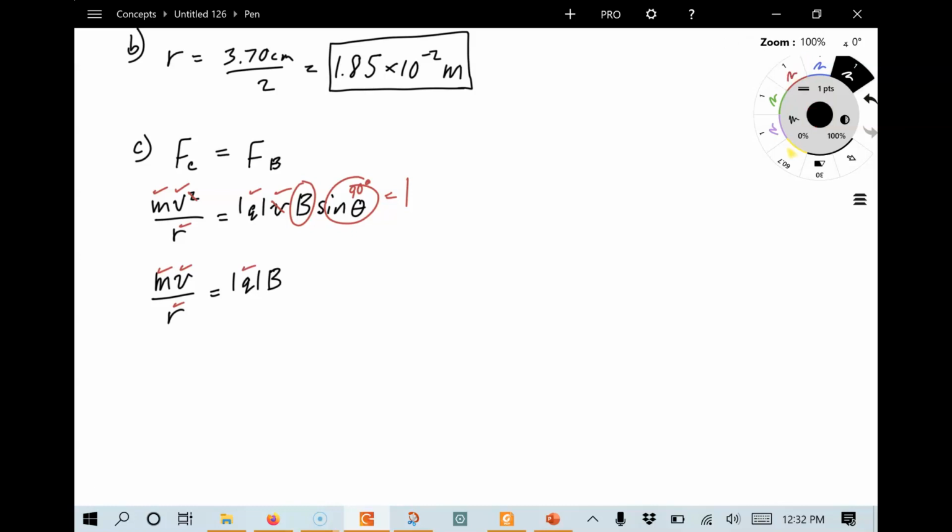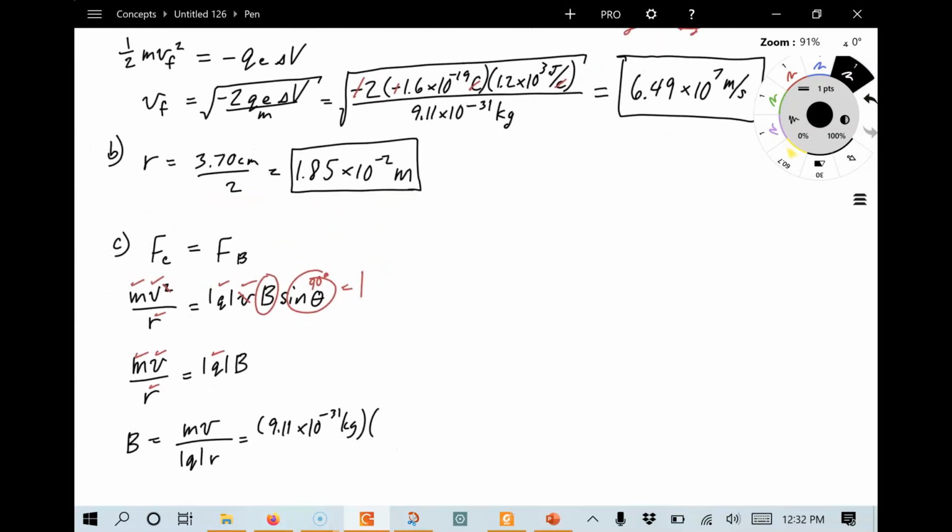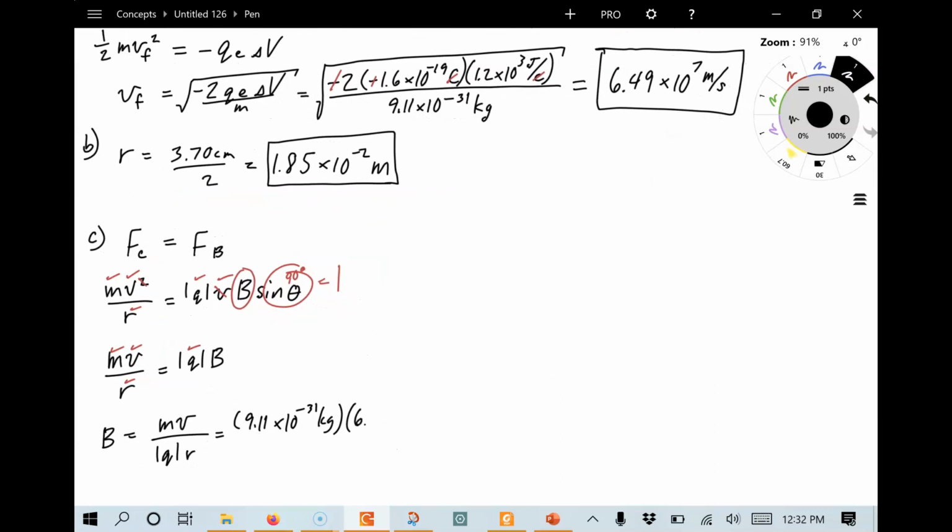So to do a little bit of algebra, B is going to be equal to mv divided by qr. And the mass of the electron, 9.11 times 10 to the minus 31st kilograms. The speed from part A, 6.49 times 10 to the 7th meters per second.